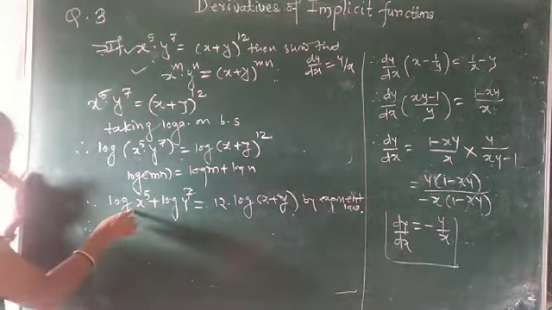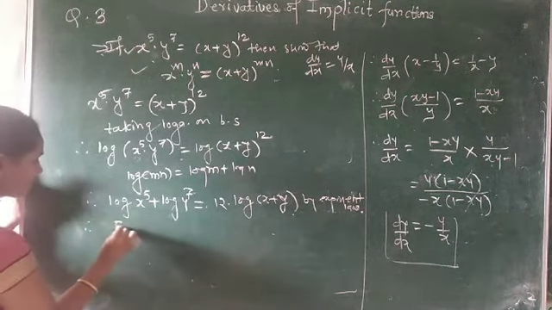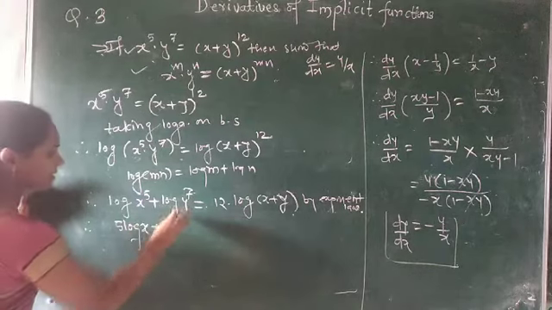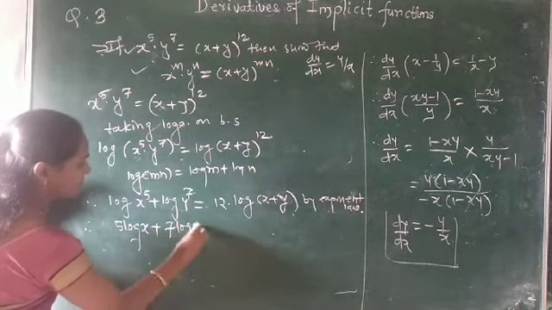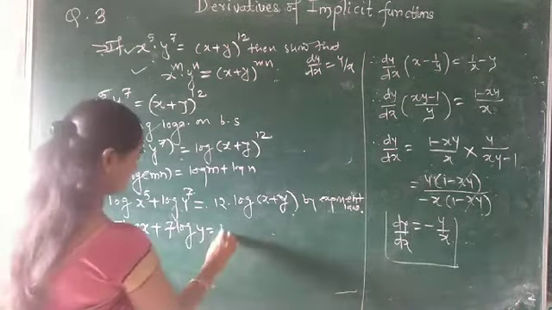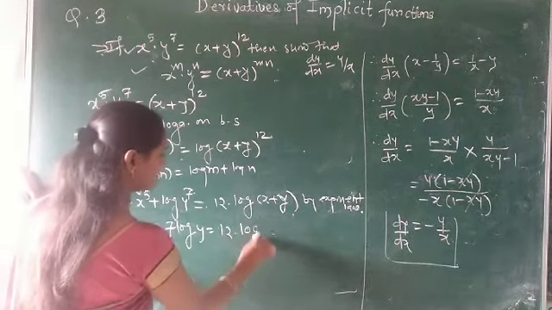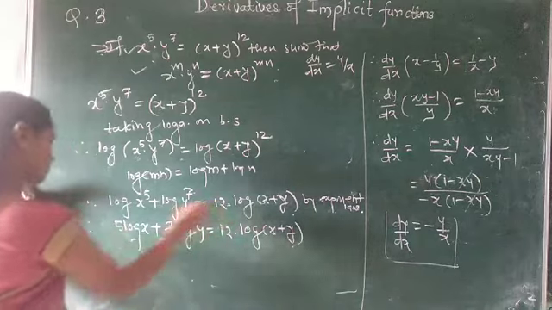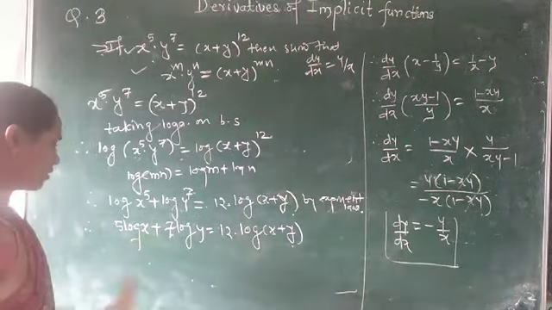Again we use the exponent law here, so log x raised to 5 can be written as 5 log x, plus log y raised to 7 can be written as 7 log y, equal to 12 into log of x plus y, which we keep as it is.